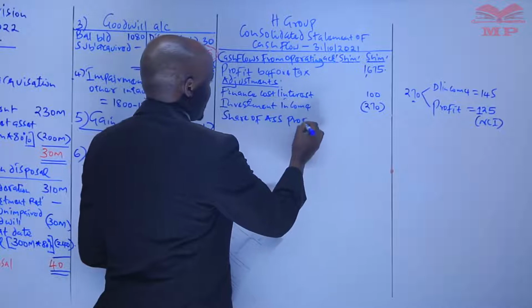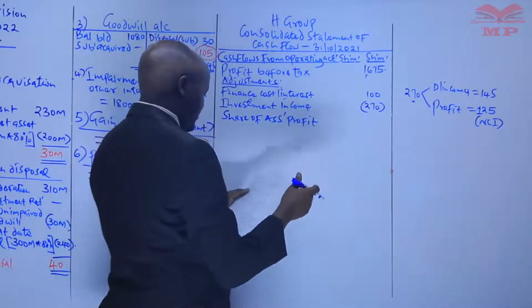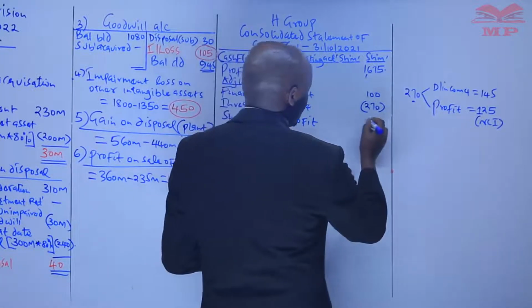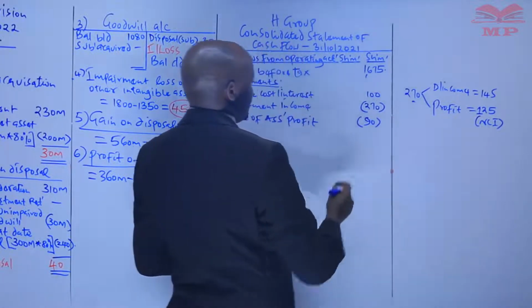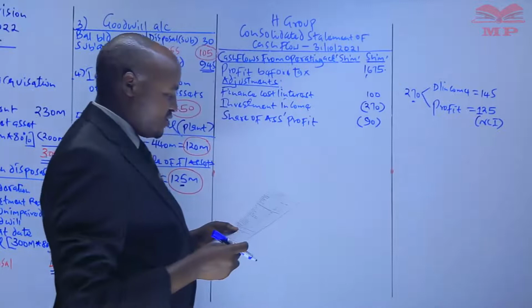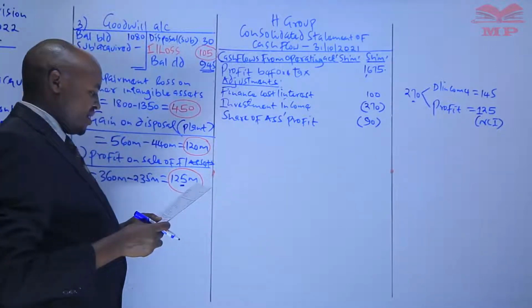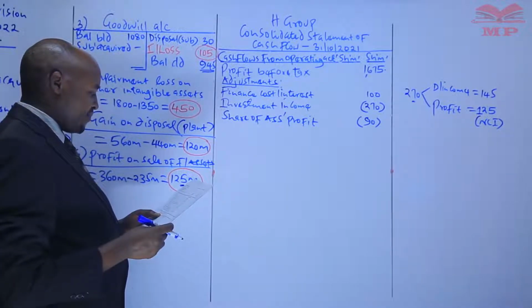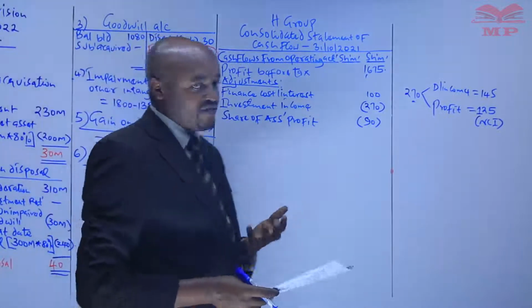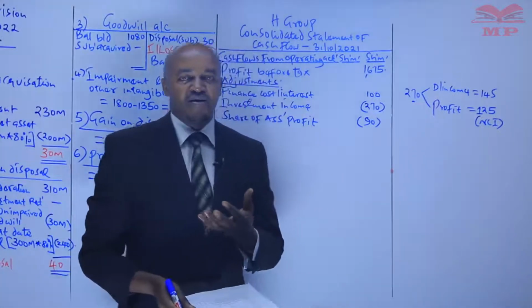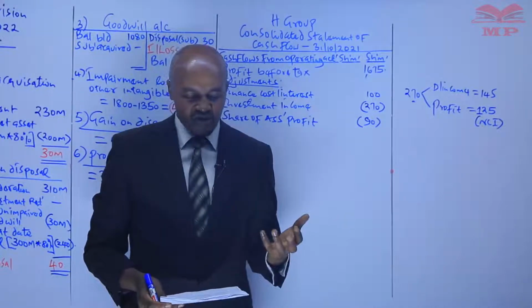Now, this share of associate profit equally is a non-cash item, and also this is not an income from operating activities, which has already been added there. What do we need to do? We need to less it. And then above that, we have operating profit and so on. So therefore, you can see that from the face of the income statement, the number of free marks you get there.